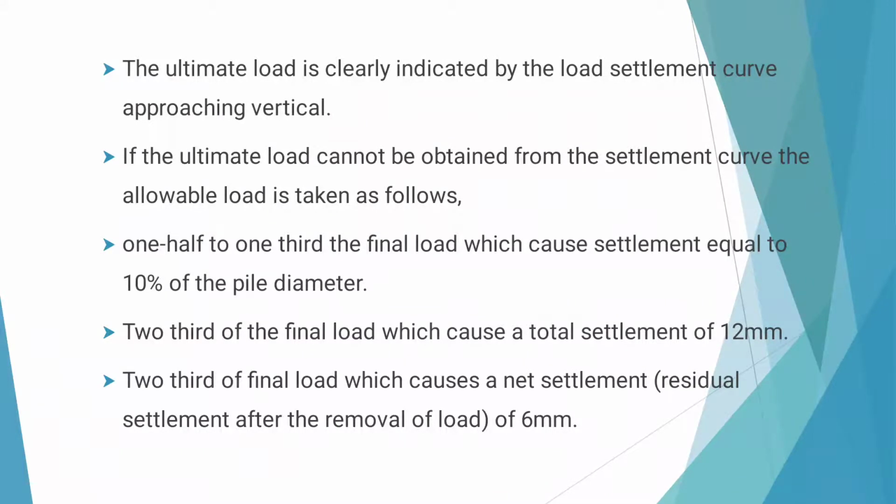In that case, the allowable load is taken as 1/2 to 1/3 of the final load which causes a settlement of 10% of the pile diameter, or 2/3 of the final load which causes a settlement of 12 mm, or 2/3 of the final load which causes a net settlement of about 6 mm.